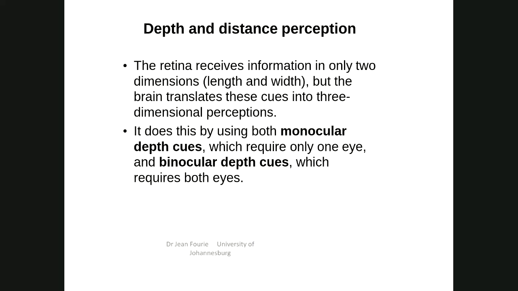So I want to talk a little bit about some of the detail with regards to visual perception, so that you can see how complicated it gets, and so that we can get some understanding of the difficulties that people might experience. Okay, so there is this thing called depth and distance perception.